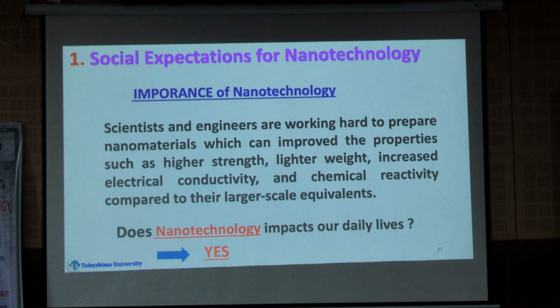So nanoparticle property can be used, whether they are having high strength, if we are thinking about mechanical nanomaterial, or lighter weight, when we want to make anything which is lighter in weight, or conductivity, how we can improve the conductivity so that such nanoparticles can be used for electrical purposes in electronic devices, or chemical reactivity, so that these nanoparticles can react with other nanoparticles or other material, and they can quickly respond.